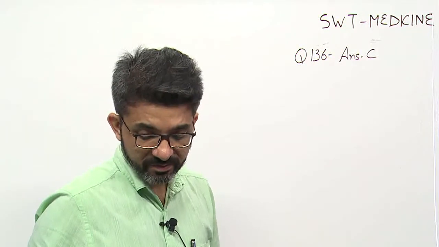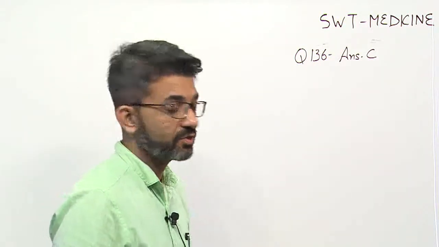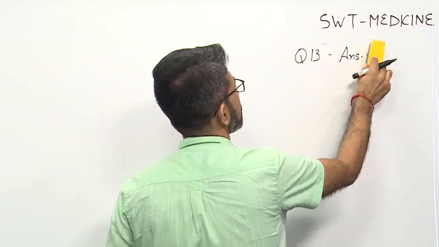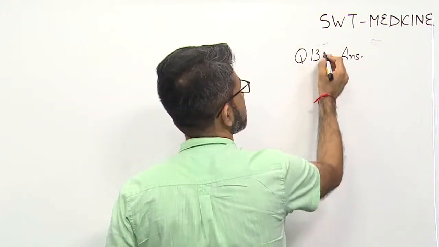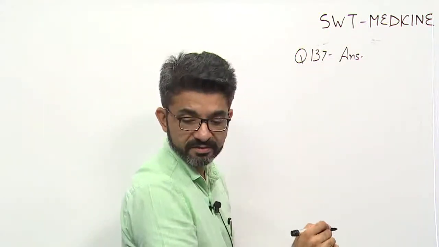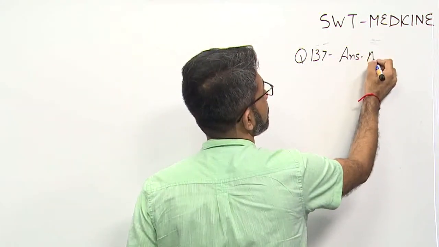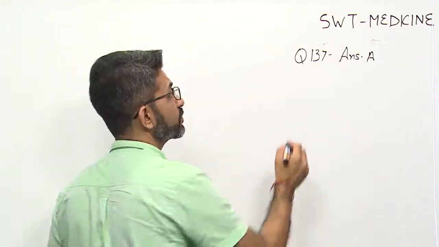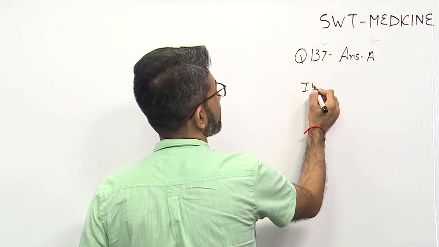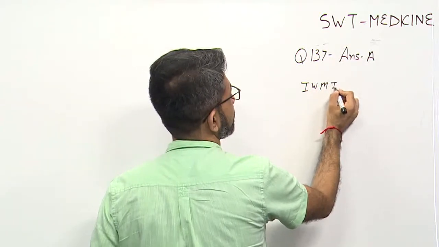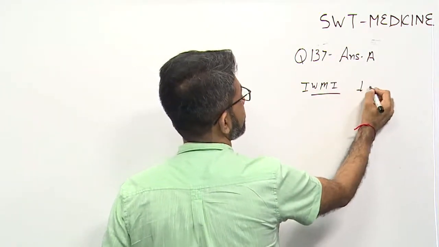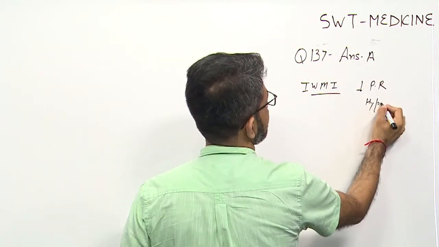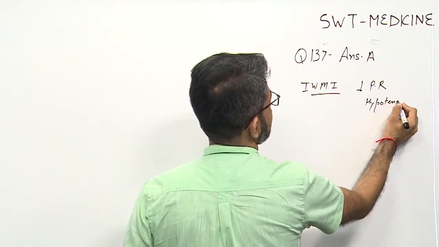Next question is, bradycardia is a feature of obviously inferior wall MI. 137. The answer is A. Bradycardia, sometimes hypotension in inferior wall MI, decreased pulse rate, hypotension, and some ECG changes.